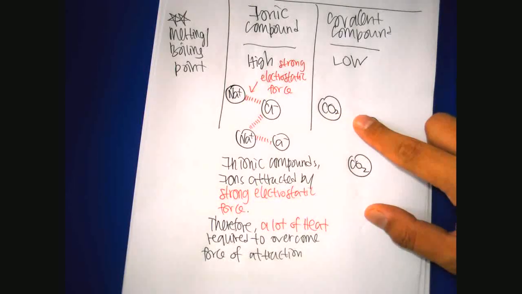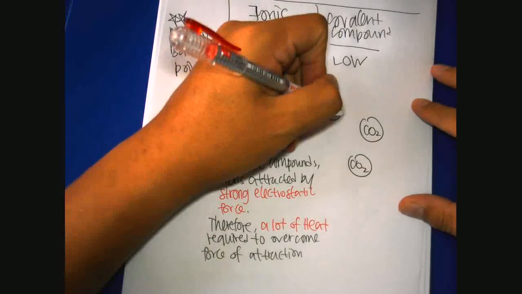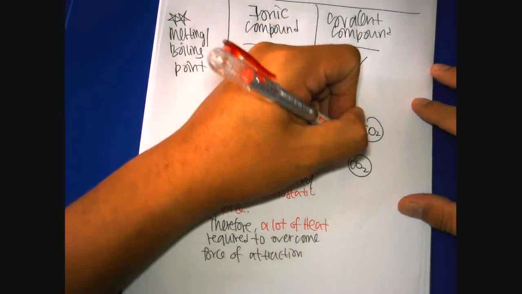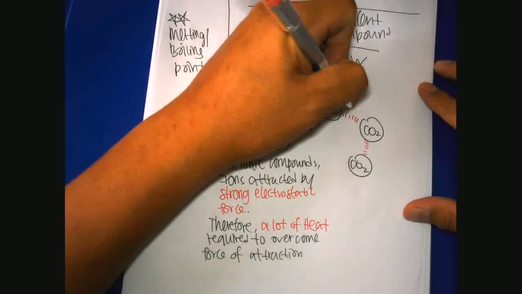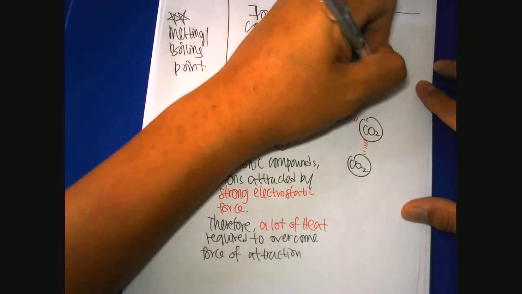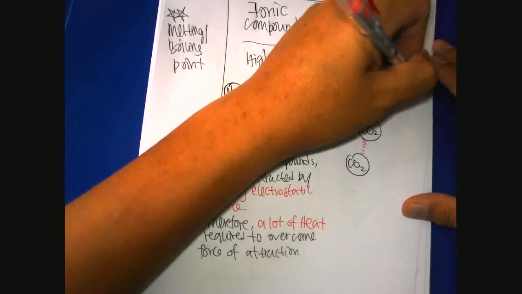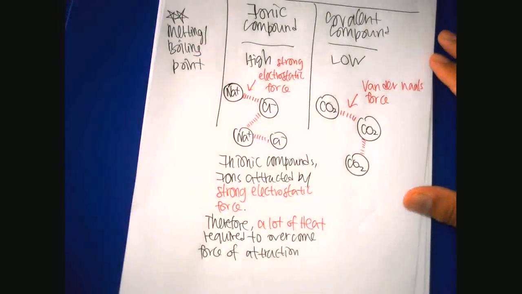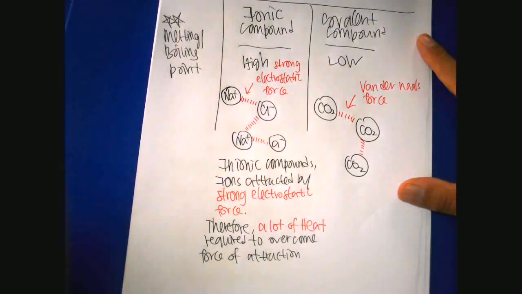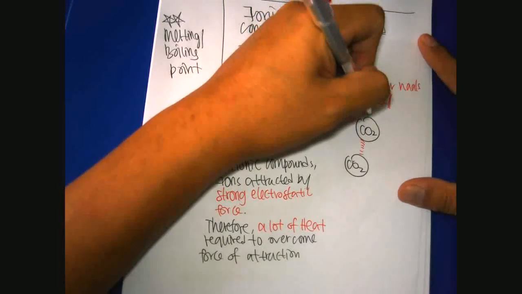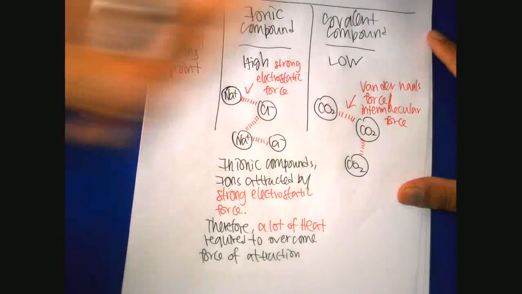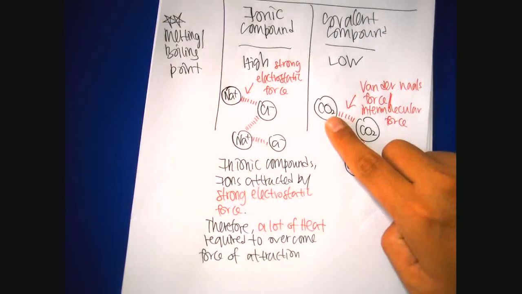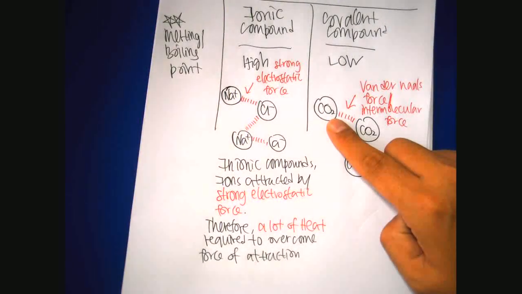The force that you need to overcome when you come to covalent compound is called van der Waals force. Van der Waals force can also be called intermolecular force, which makes sense because anything made from non-metal and non-metal you learned in Form 4 Chapter 2.